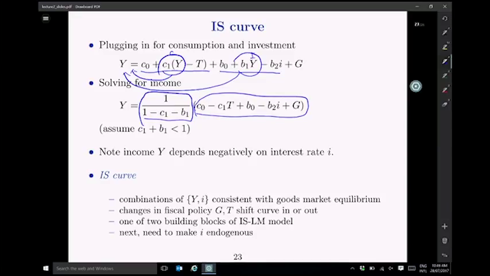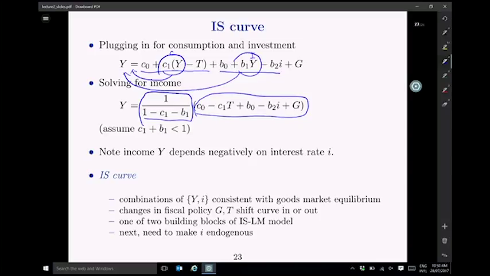So what this equation tells us is that when the goods market is in equilibrium, when demand equals output, there's a combination of output Y and interest rate that give us this equilibrium. So basically, this is the IS curve.